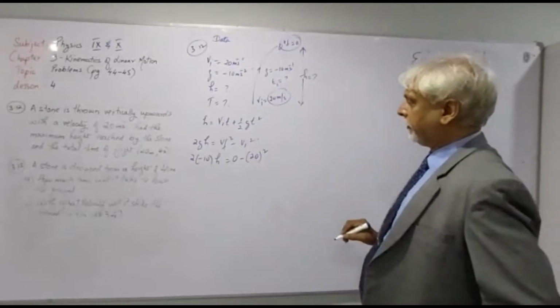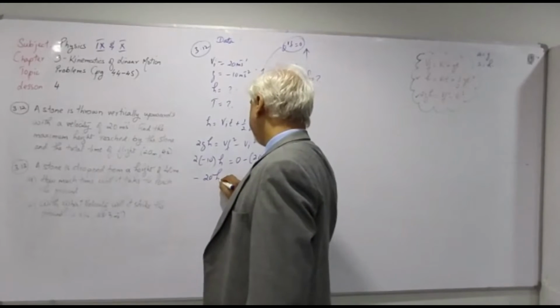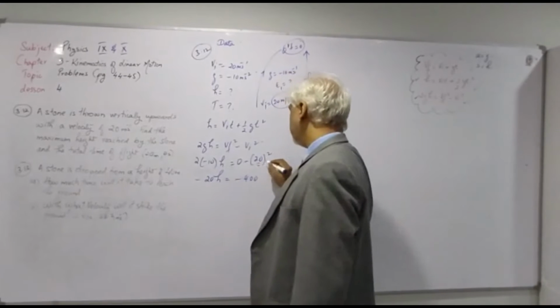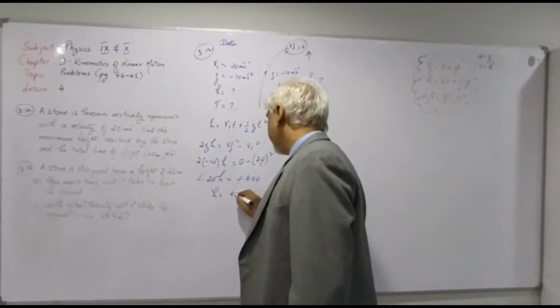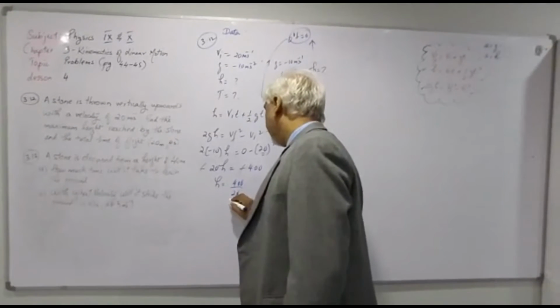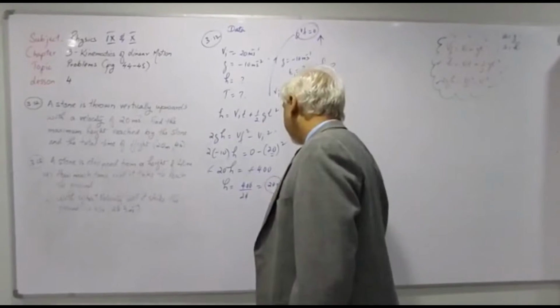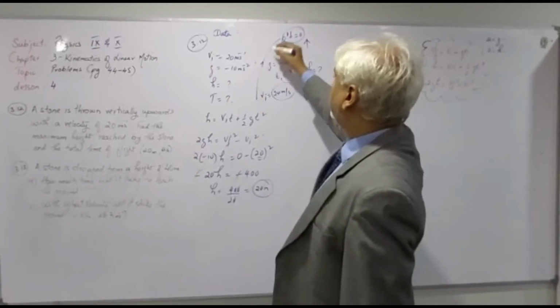So we have minus 20 h equals 0 minus 20 squared, which gives minus 400. Minus and minus will cancel out. Height is equal to 400 divided by 20, and we get 20 meters. This is the height, from here to here.